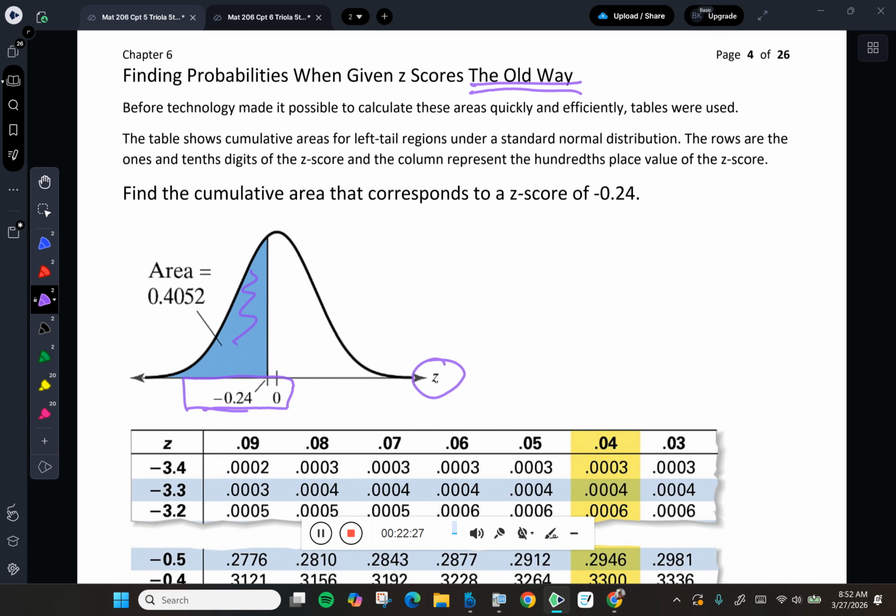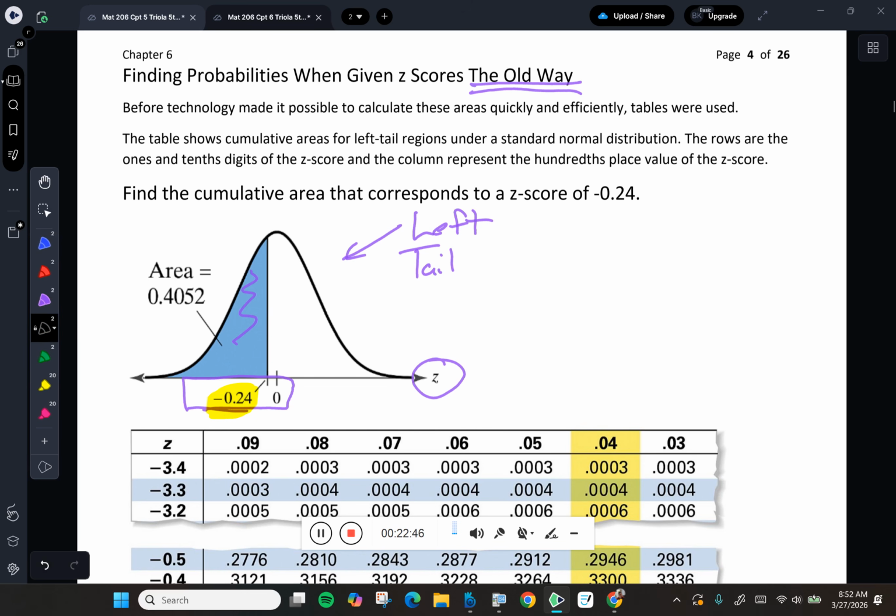Now, there are 3 problems that are ever asked. There's this problem right here, which we refer to as a left tail problem, because we are given an upper limit of negative 0.24, and we're asked to find everything left of that.